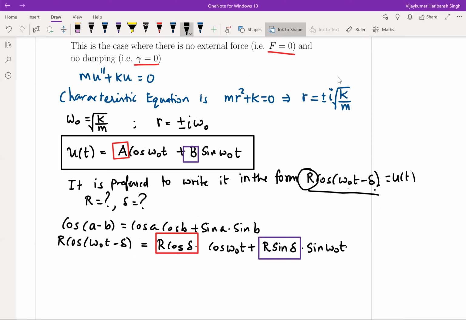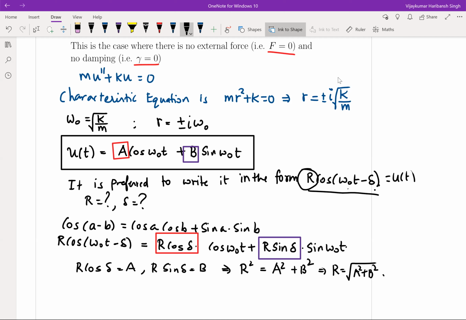We want to find R and delta. R cos delta is A, R sine delta equals B. If you square them and add, you get R squared equals A squared plus B squared. So R equals the square root of A squared plus B squared.